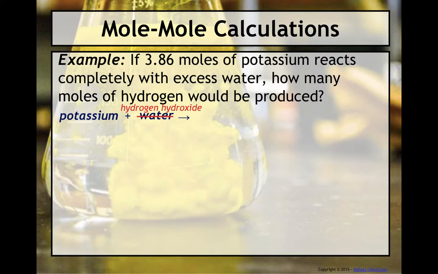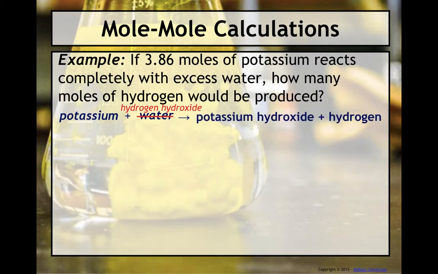It doesn't change the number of atoms that are there. It's just a tip. You don't need to do it, but sometimes it can make things a little bit easier. You can separate a hydroxide group from an additional hydrogen.